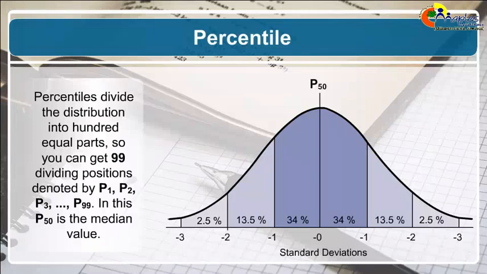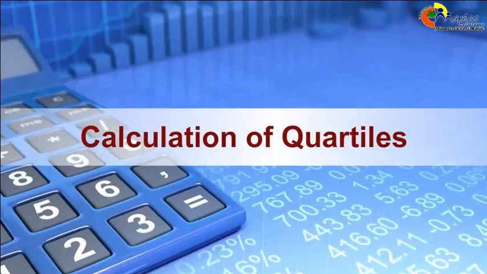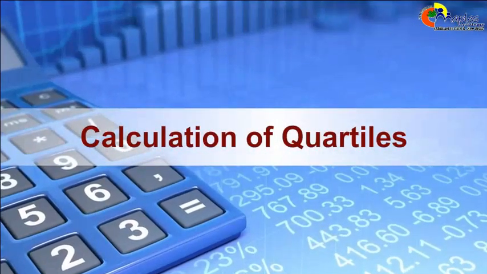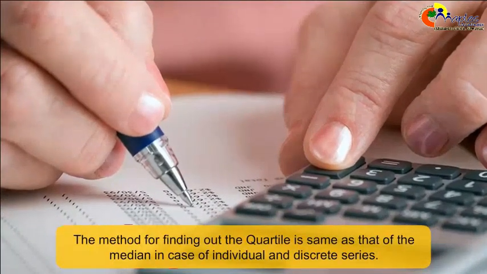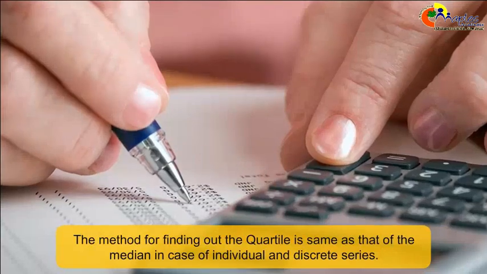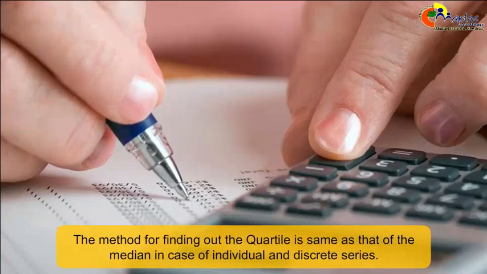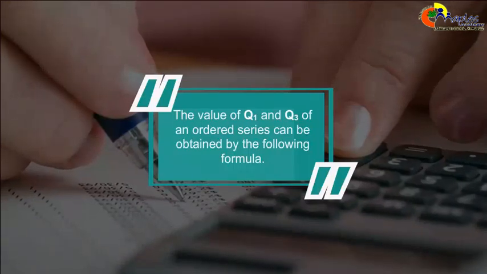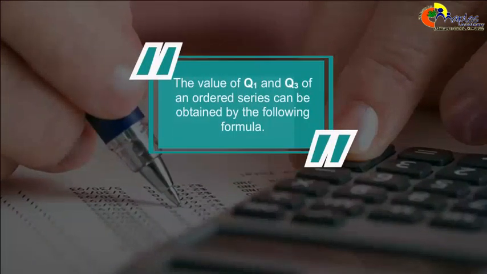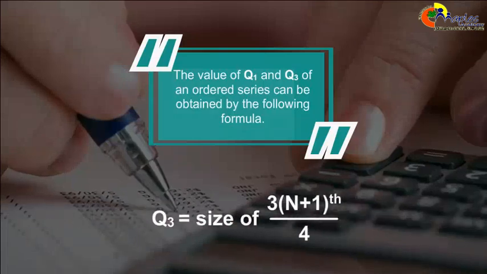In this, P50 is the median value. Calculation of quartiles. The method for finding out the quartile is same as that of the median in case of individual and discrete series. The value of Q1 and Q3 of an ordered series can be obtained by the following formula.